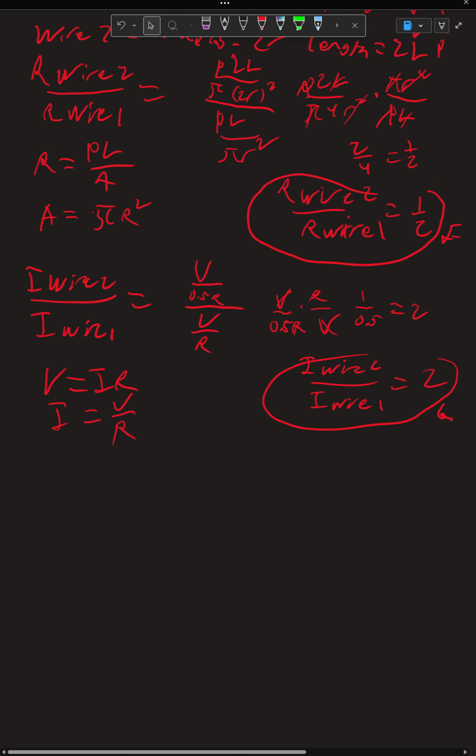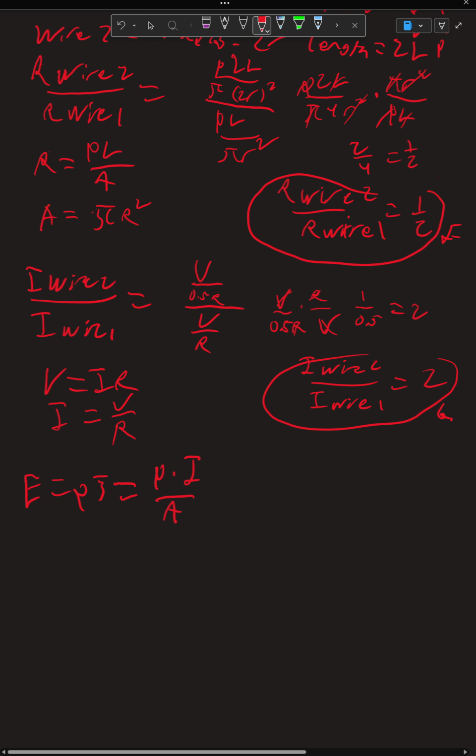So we're going to use this formula, E equals PJ, which also equals P times current over area. P is the same thing, and I is going to be the same.